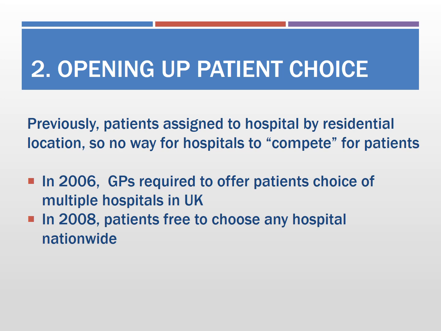In 2006, the GPs under the English NHS were required to offer their patients a choice of at least 4 different providers whenever referring them to hospital care. And by mid-2008, patients in the UK were granted free choice of any National Health Service provider nationwide.